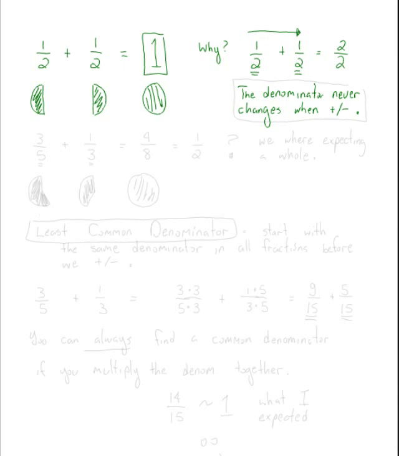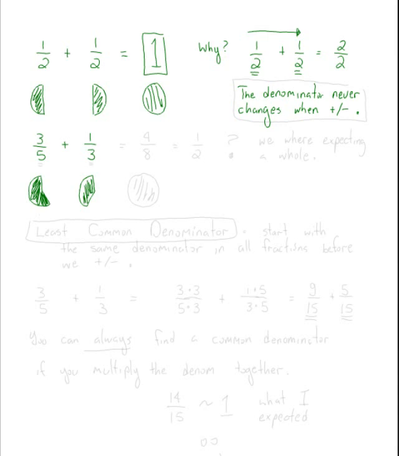Well, that's all well and good, but what happens when you have something like 3/5 plus 1/3? Well, 3/5 is actually slightly more than a half, so I'm going to make a little extra piece here. And 1/3 is actually slightly less than a half, so I'll make a little missing piece right there.